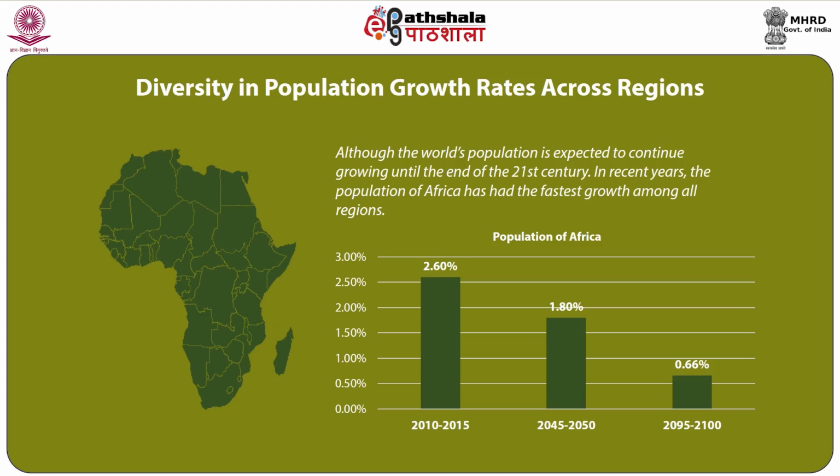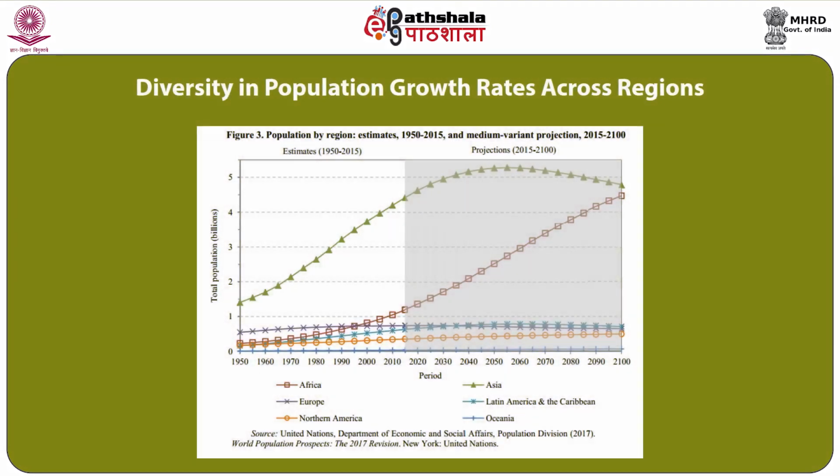However, this rate is beginning to fall and is projected to reach 1.8% in 2045 to 2050 and 0.66% in 2095 to 2100. The figure illustrates the changes in population growth across different regions over a period of time.